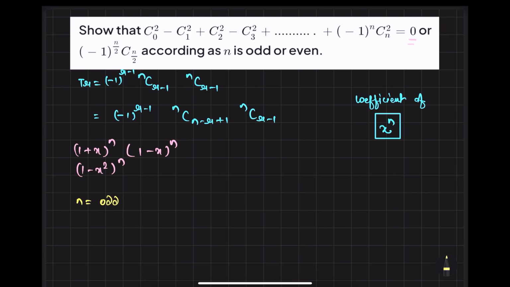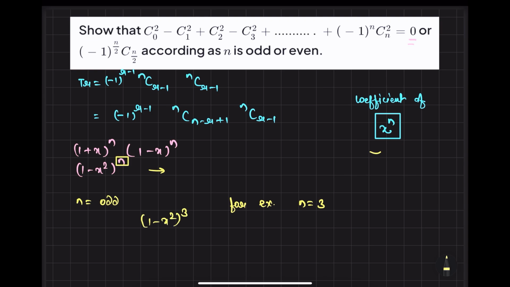For example, n equals 3. So this will become (1 minus x square) power 3.